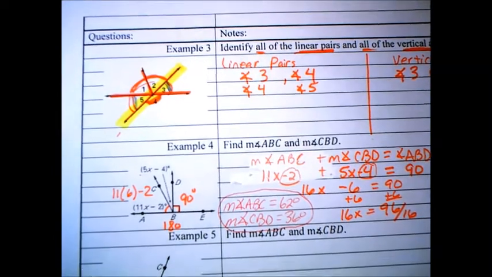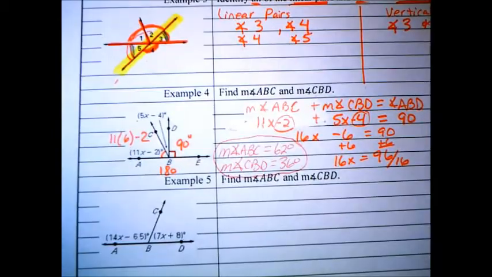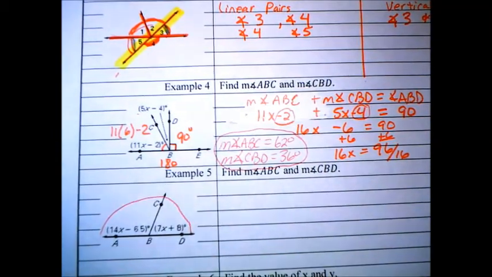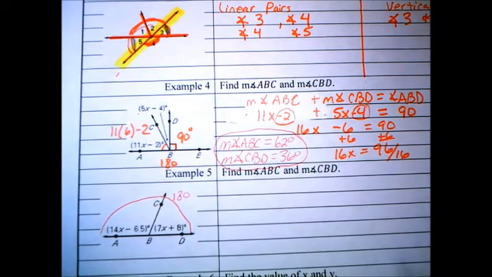Okay, number 5 is similar because we're looking at this entire distance. This measurement is a total of 180 degrees. That means these guys are supplementary.